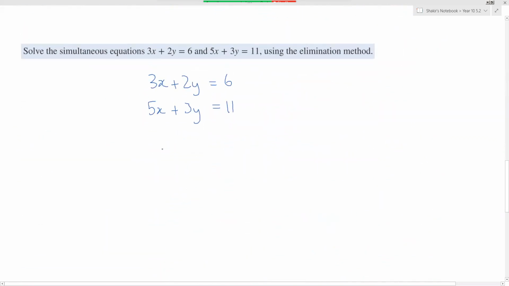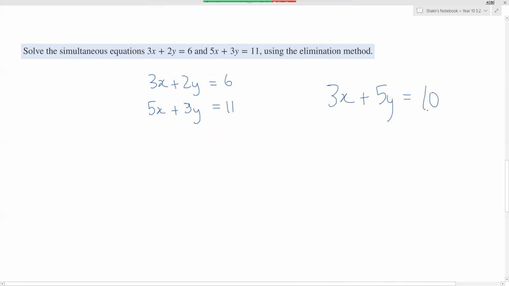Now, however, the problem in this question is I can add or subtract and a letter will not disappear. As you can see, if I add everything up, I'm going to get 8x plus 5y, which doesn't really solve the issue because I still have x's and y's. I want to get rid of a letter because you can't solve it. It's impossible. There's an infinite number of solutions.